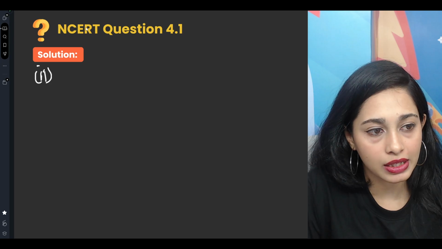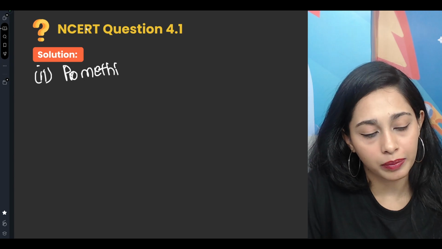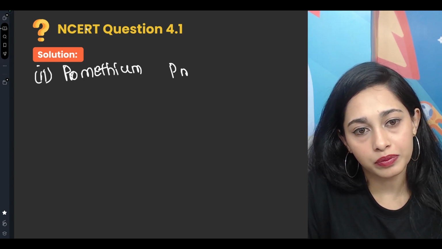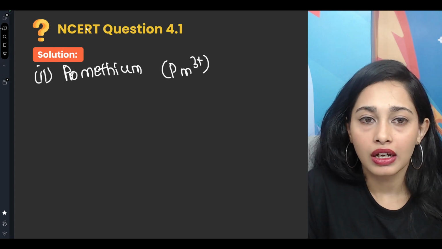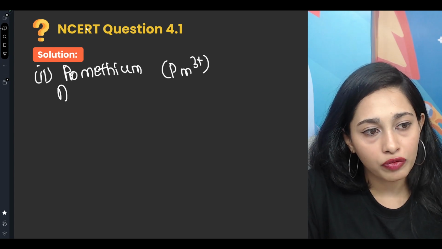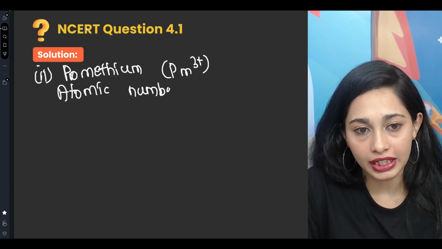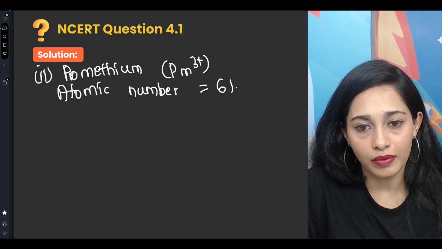Second one is promethium, Pm3 plus. This is the ion that has been given. The atomic number of promethium is 61.